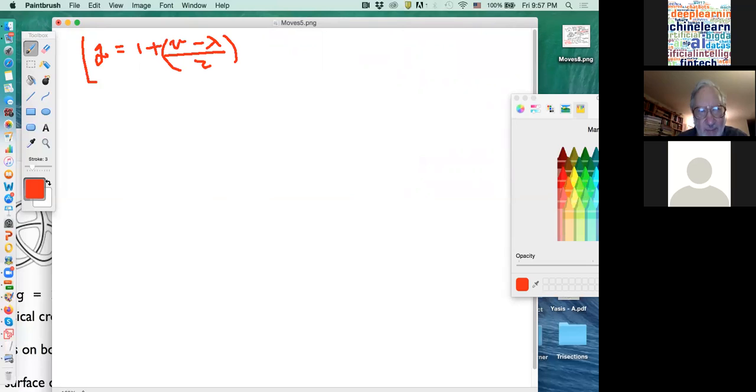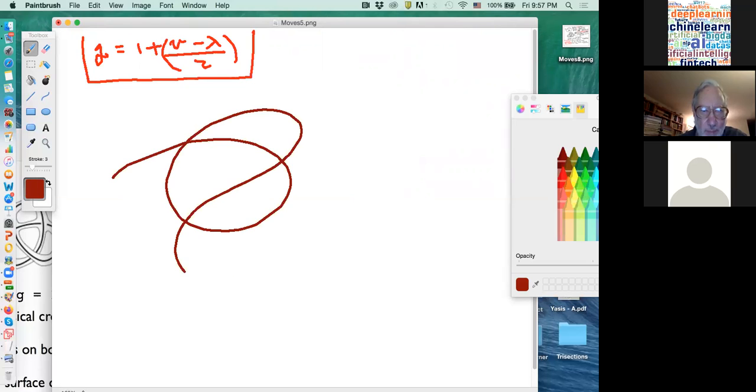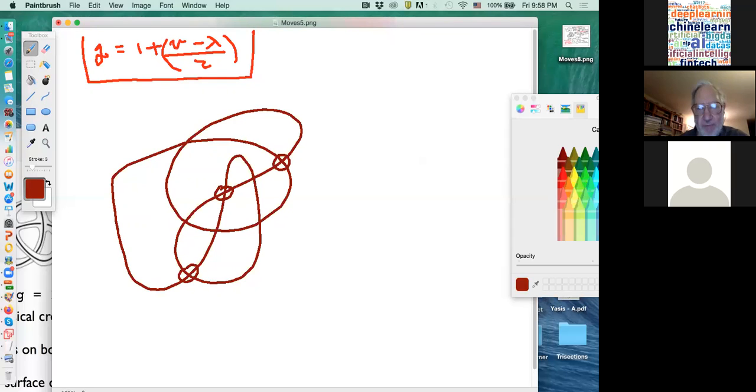So take any example you care to play with. All right? And we want to know when we fit this diagram onto a surface, what will the genus be? So we just go ahead and do our work.